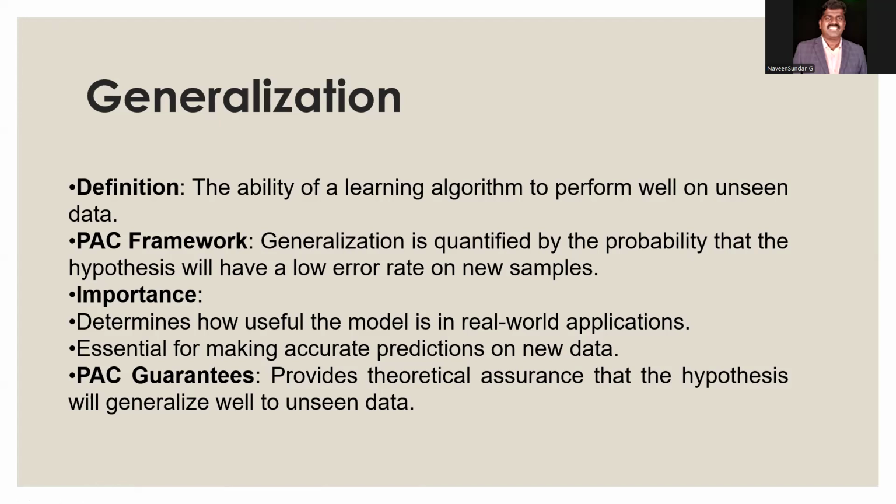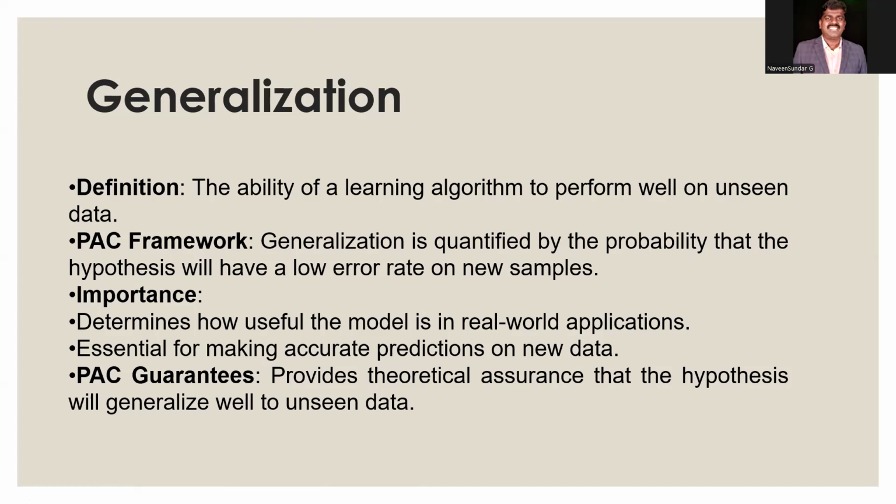And then in generalization, again, we look at the ability of a learning algorithm to perform well on unseen data. That is the main focus of going for PAC learning. Otherwise, when unseen data comes, it will not be able to predict correctly.